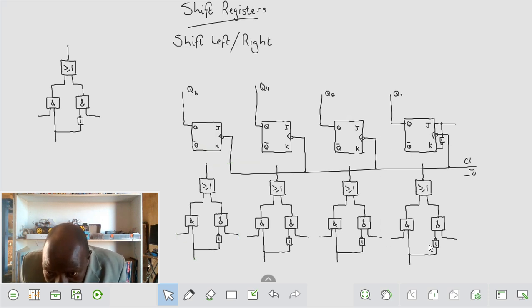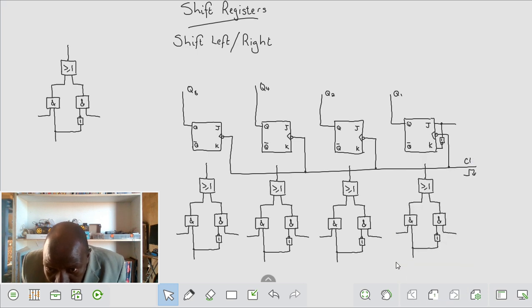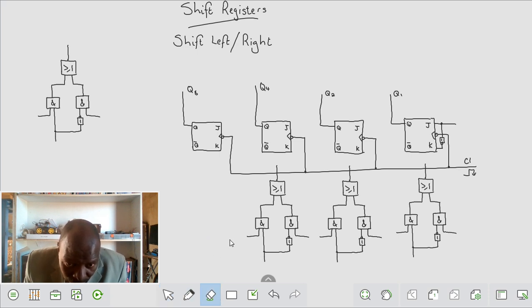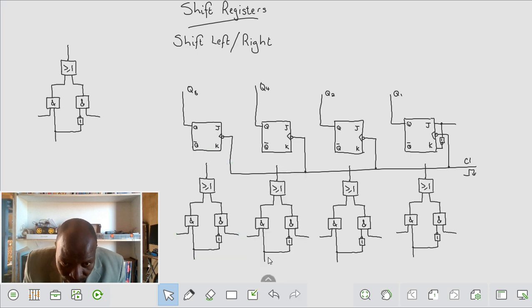Now let me try to reduce this a little bit more. I think it's a little bit big. Alright, what I'll then do, no, I need to ungroup first. Ungroup them. Ungroup, and ungroup. Now, this one is refusing to go to the side.